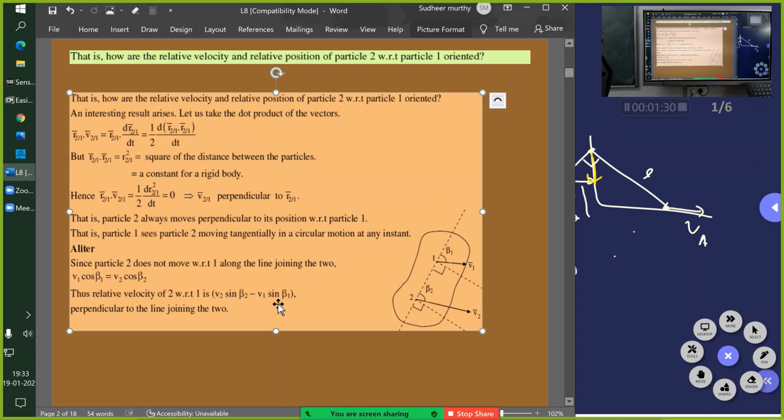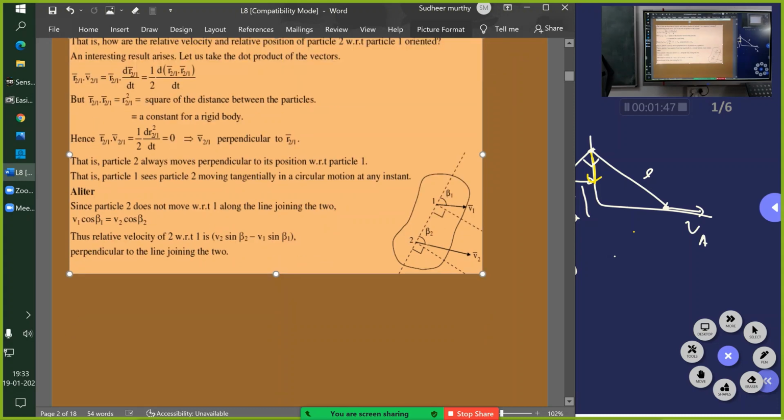So the relative velocity of 2 with respect to this will be perpendicular to the line joining the two. And if you take cos of this, then V1 cos beta 1 minus V2 cos beta 2 will be equal to 0. There is no relative motion between the two particles. Already we have discussed. Clear, friends?